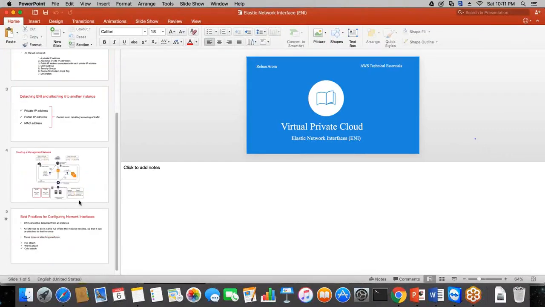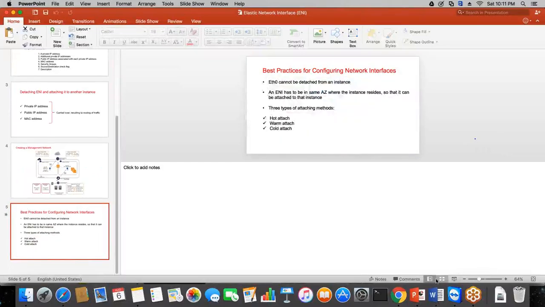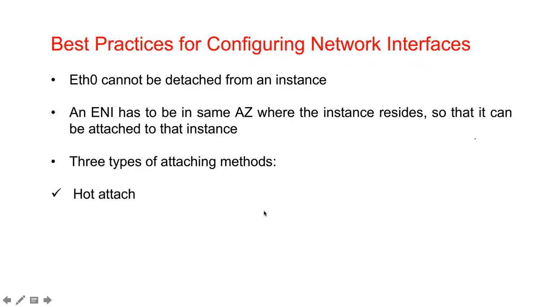I'll just go through it again. Hot attach means that you are attaching the network interface to the instance when the instance is running. Warm attach means when the instance is stopped.